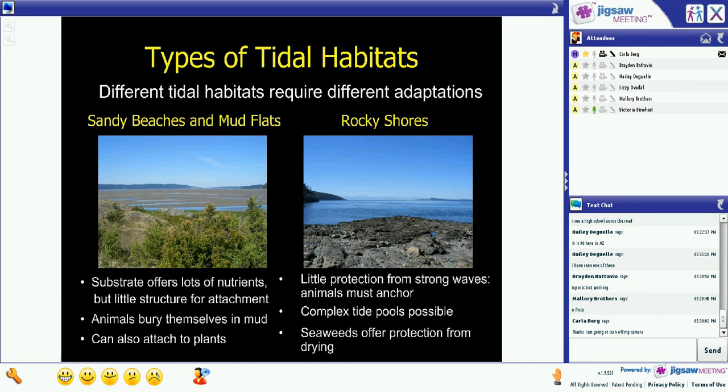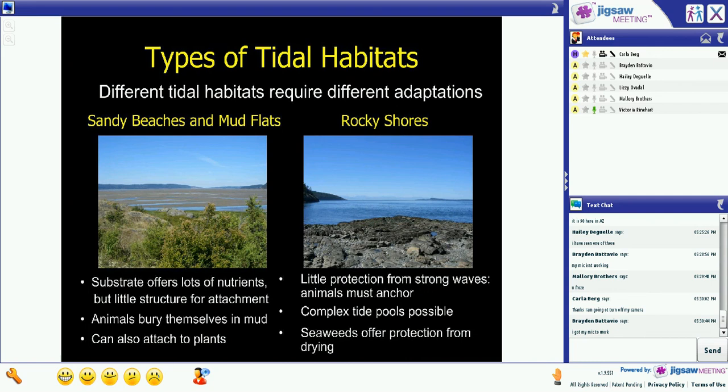Types of tidal habitats. Different tidal habitats require different adaptations. Sandy beaches and mud flats, and then there's rocky shores. For sandy beaches and mud flats, substrate offers lots of nutrients, but little structure for attachment.